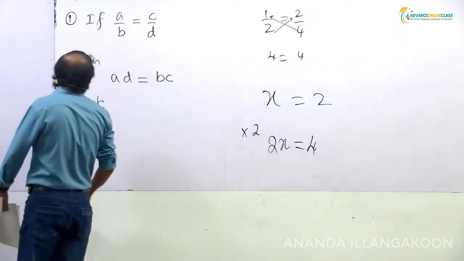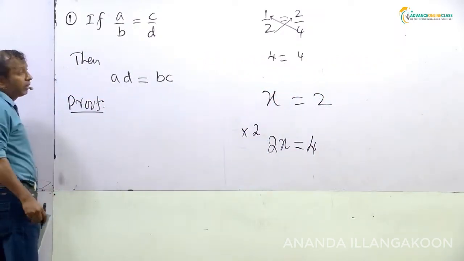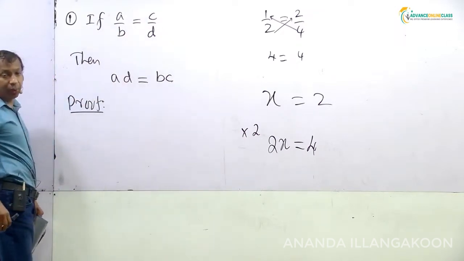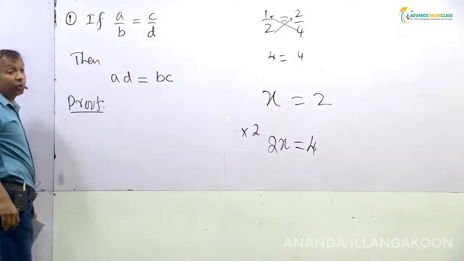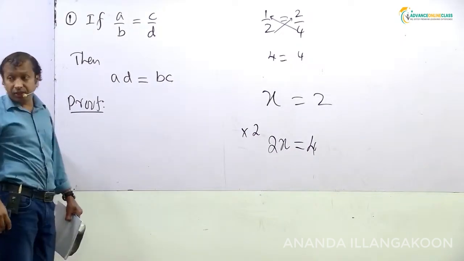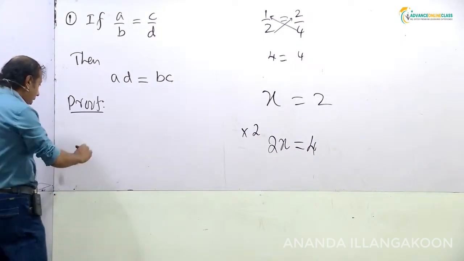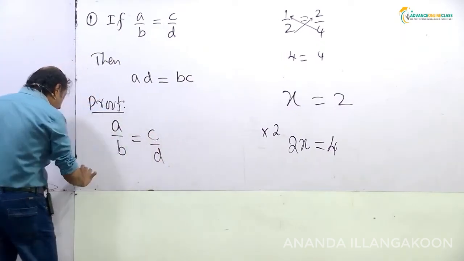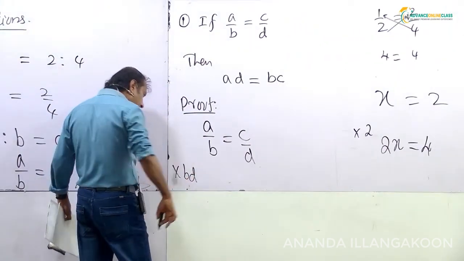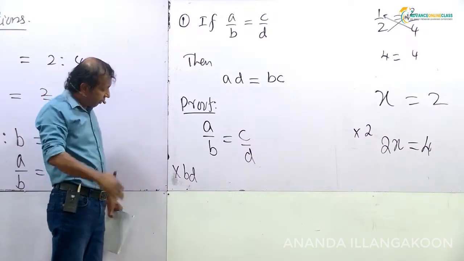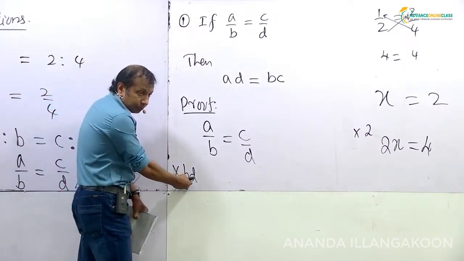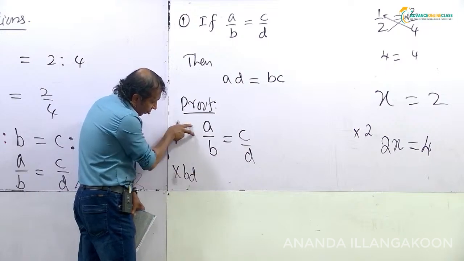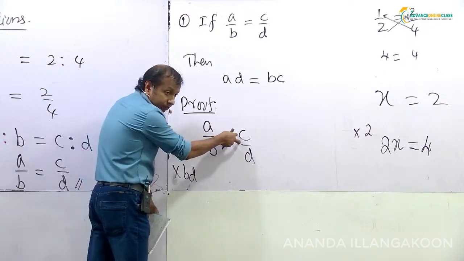People, now in this case, I multiply left hand side and right hand side of this proportion by the BD product. I write that again: A upon B equals C upon D. I multiply both the left hand side and right hand side by this BD. Then what do we get there, people? This BD we must write here and here.